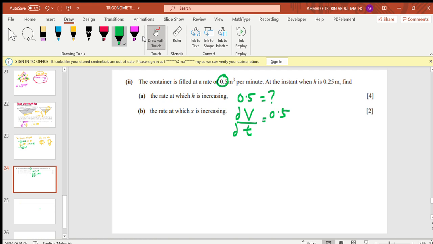The question asks you to find the rate at which h is increasing, so dh over dt. How to find dh over dt? You use the chain rule.